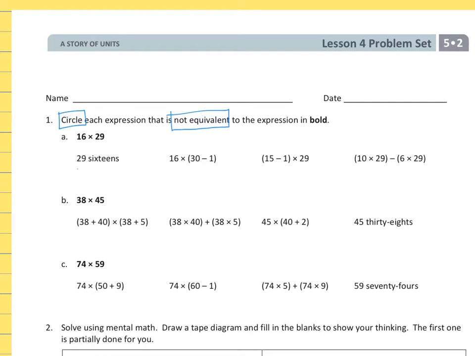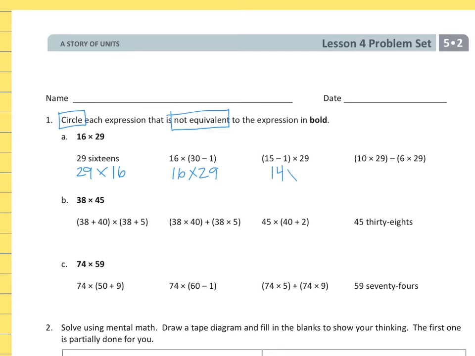That's like saying 29 times 16. So flipping the order will still give us the same answer. So those are equivalent. The next one, 16 times parentheses 30 minus 1. So that's saying 16 times 29. That's the same thing.